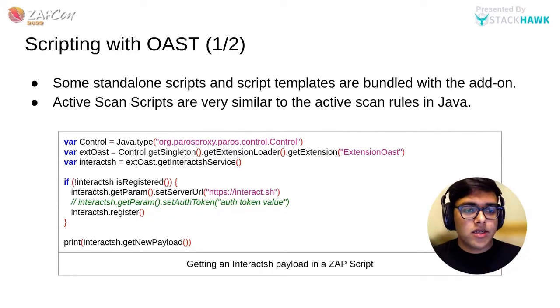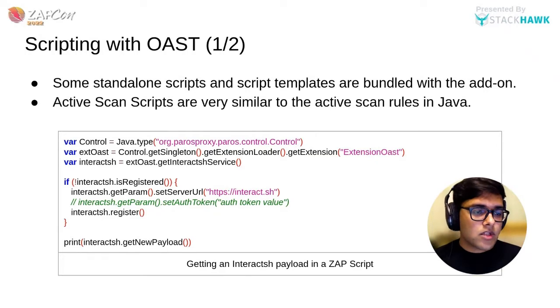Some standalone scripts and script templates are bundled with the add-on. So when you install the add-on, they will also be available for you to use. Active scan scripts in ZAP are very similar to the active scan rules in Java. You can use all the APIs that we just discussed inside the scripts as well.